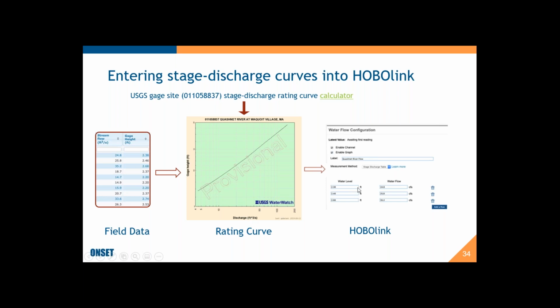You can enter, I think, up to 20 combinations of water levels and water flows into HOBOlink. So that basically maps out that stage discharge curve into HOBOlink, and then HOBOlink will do a linear interpolation between those points to calculate flow rates for water levels that are between those points. Hopefully that makes sense.